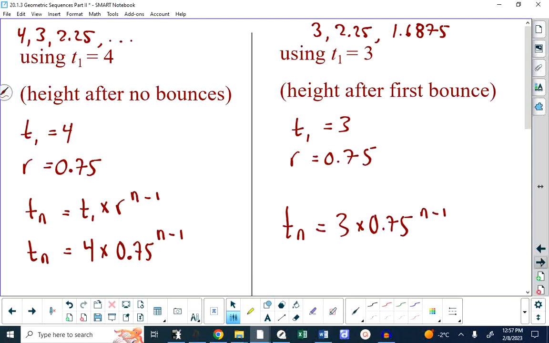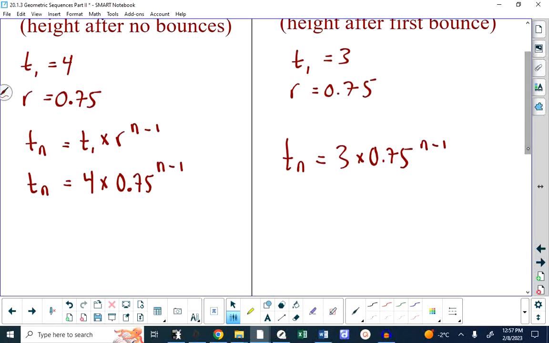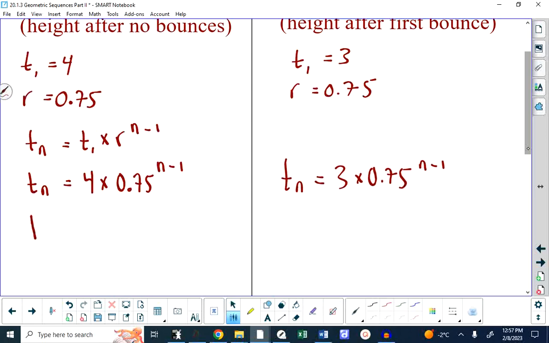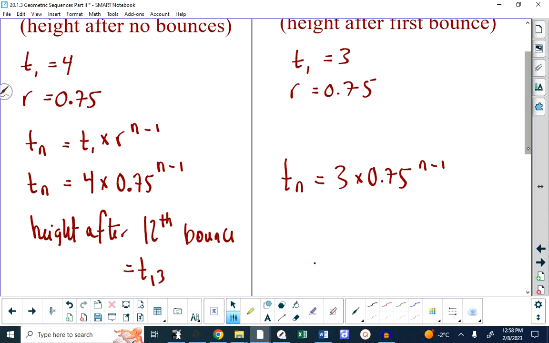But again, these are different because the height after the 12th bounce will be T13 here, but the height after the 12th bounce here will be T12. That's tricky. Your textbook likes to go with this on the left, which I don't understand. It requires more thought.